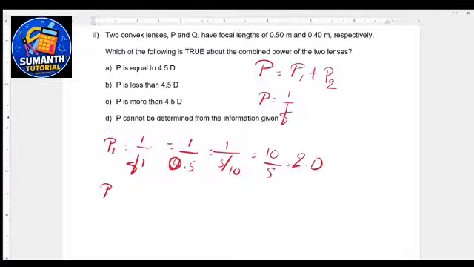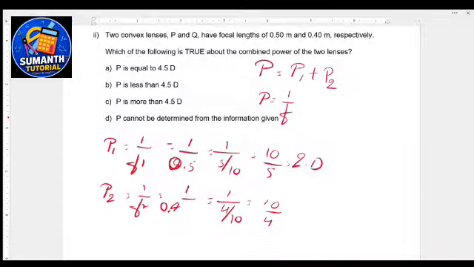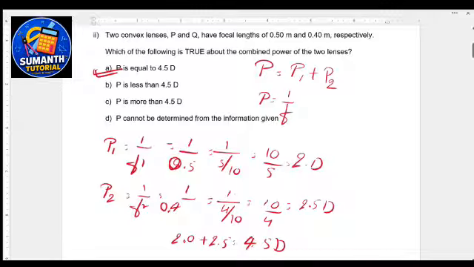Likewise, the power of the second one is 1 divided by f2, 1 divided by 0.4, which is 1 divided by 4 by 10, nothing but 10 by 4, so it is 2.5 D. So what is the sum? 2.0 plus 2.5 is 4.5 diopter. So the answer is A, which is equal to 4.5 diopter.